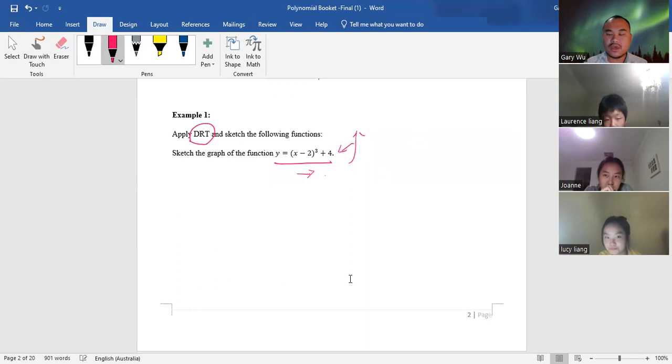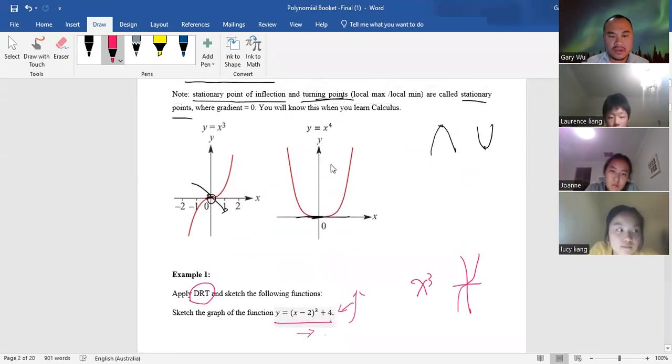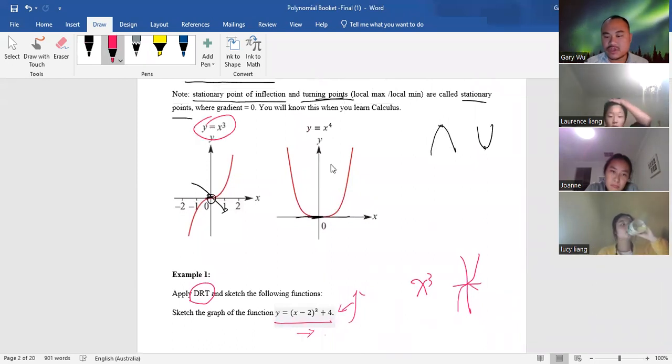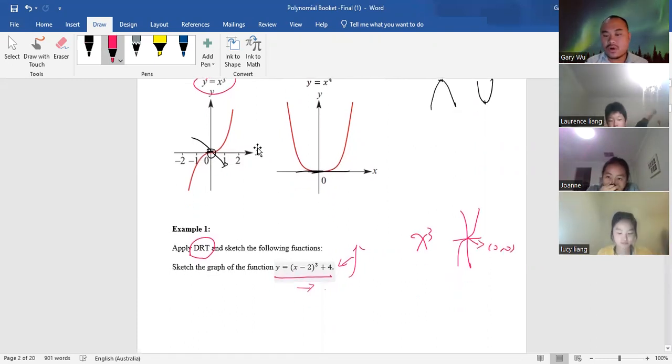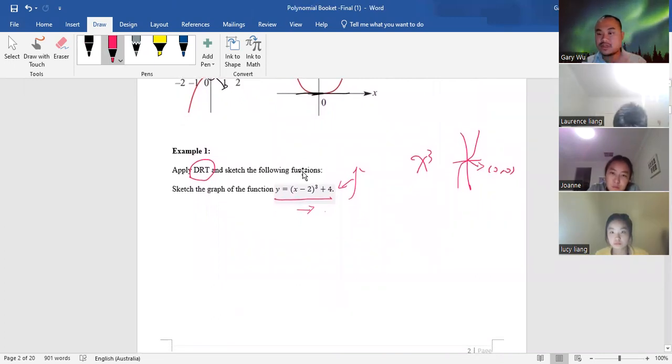That's right. Be reminded that the basic shape for this one is something like this. If you don't know, you can look at here. This is the basic shape, and we know the stationary point of inflection is (0, 0). Now the whole graph moves 2 units to the right and 4 units up.